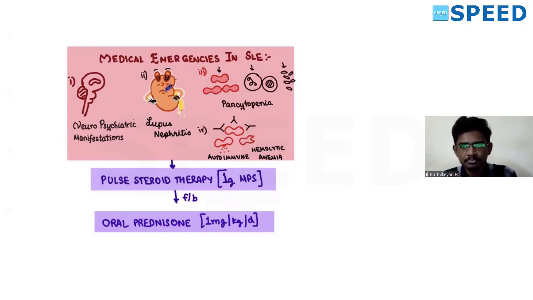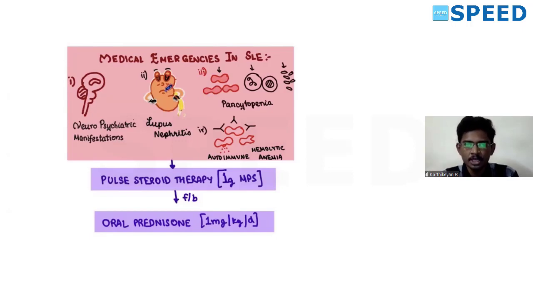Serum haptoglobin will be reduced, because haptoglobin is a protein which binds free hemoglobin in circulation. Normally haptoglobin will be normal in circulation. But in hemolytic anemia, since the RBCs are lysed, the hemoglobin escaping into the circulation will be bound by the haptoglobin. Thus, the haptoglobin levels become reduced. It is also a parameter to decide hemolysis.